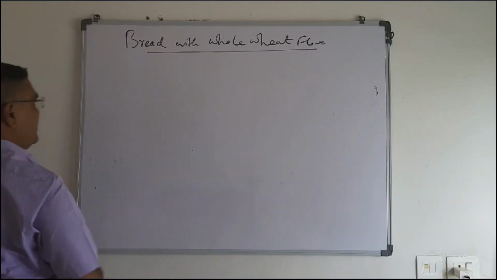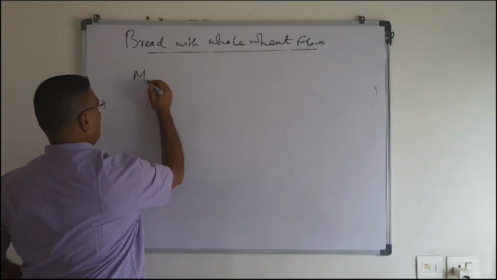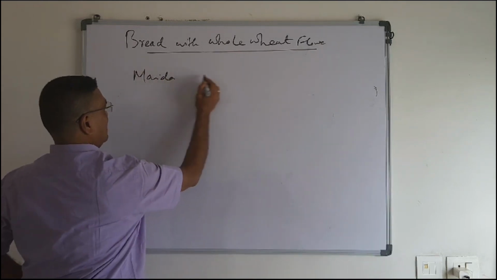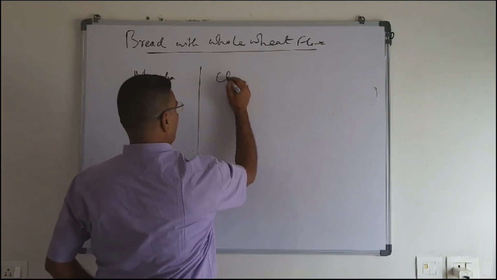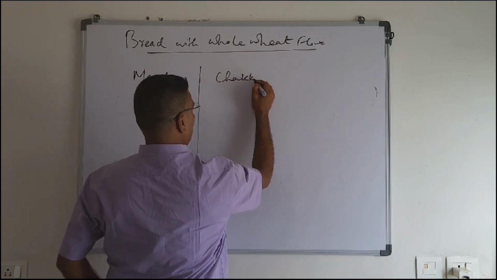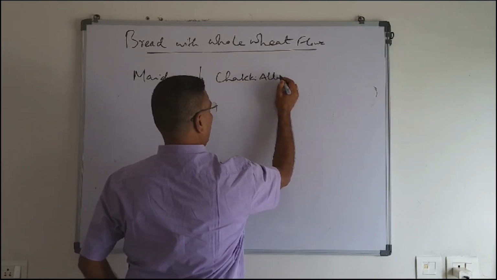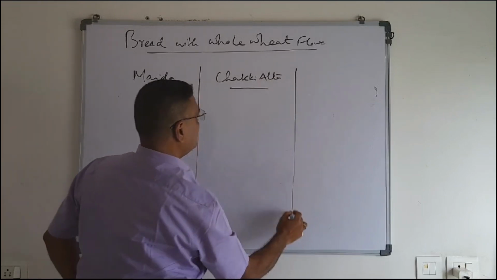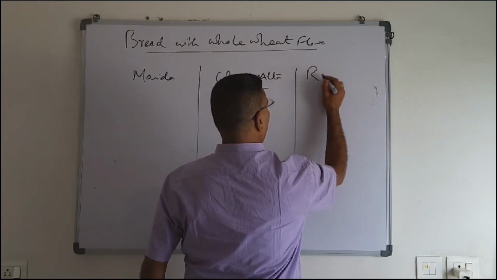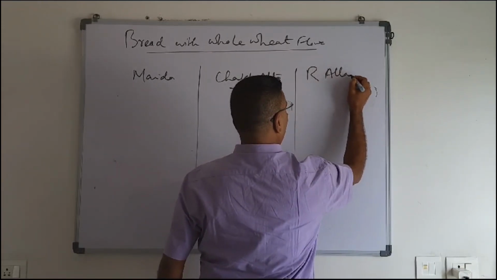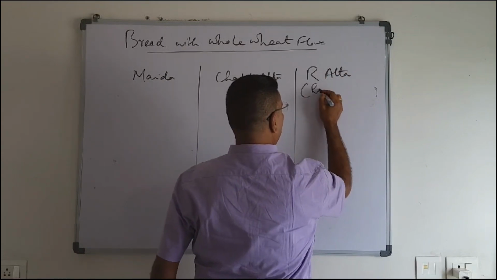So we have got maida, then you have got chakki atta, and the third is a product called atta, which is called a resultant atta.